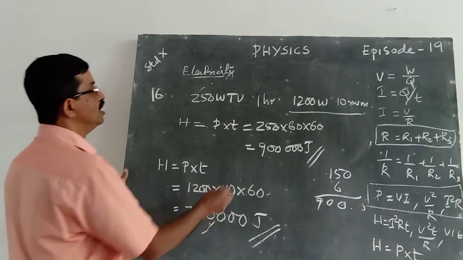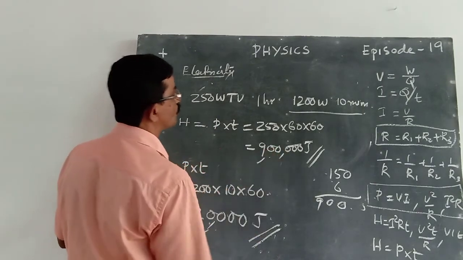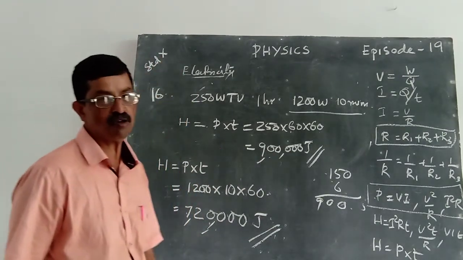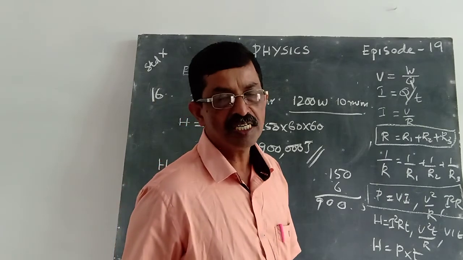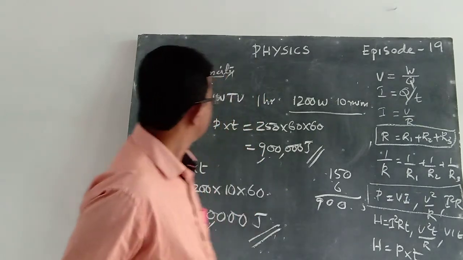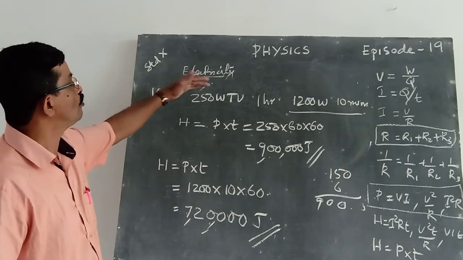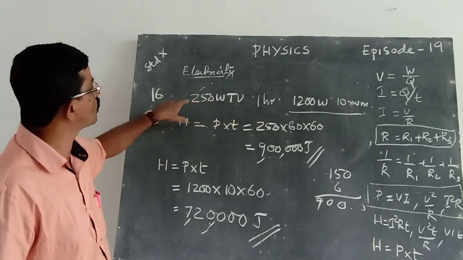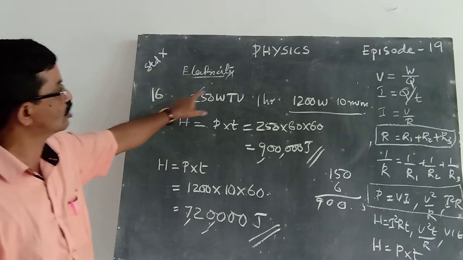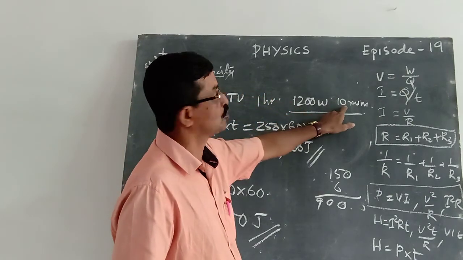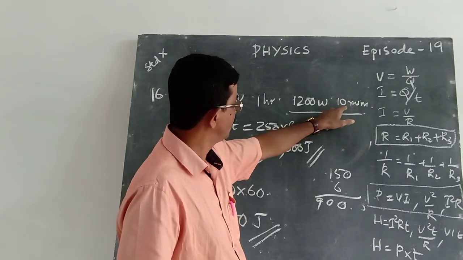But 9 lakh joule is used by the TV. So the TV is using more energy when it works for 1 hour at 250 watt, compared to the toaster of 1200 watt that works for 10 minutes.